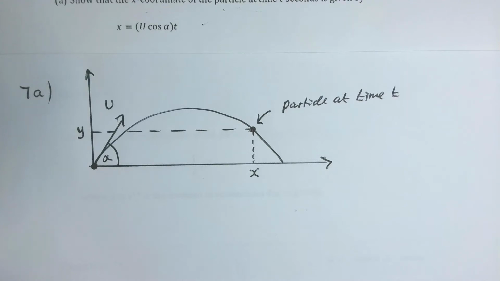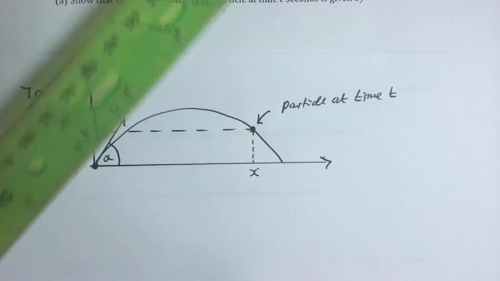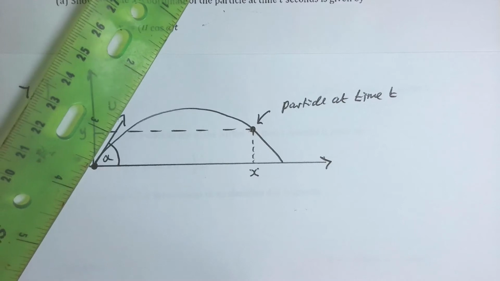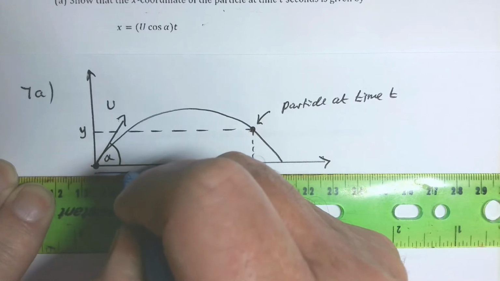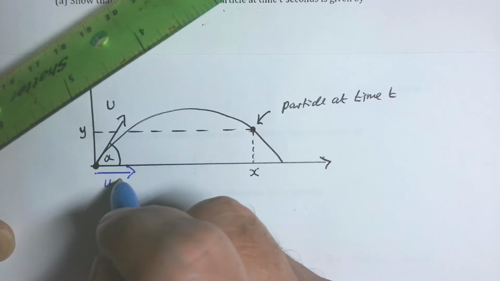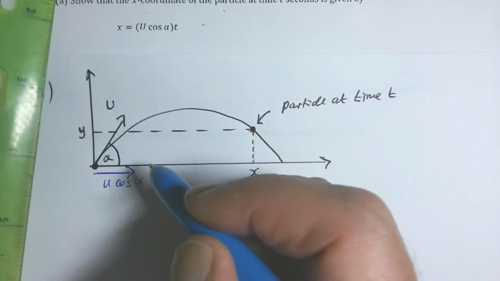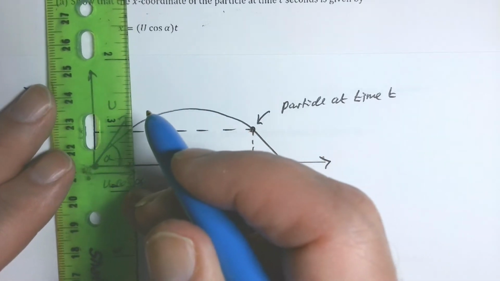So what do we do with it? Well, what have we been doing with all of these projectile type questions? I'm going to resolve the initial velocity u into its horizontal component, u cos alpha, and its vertical component, which is u sine alpha.